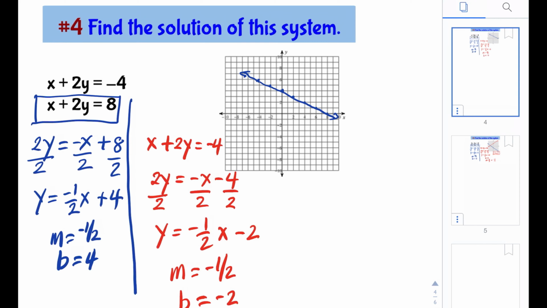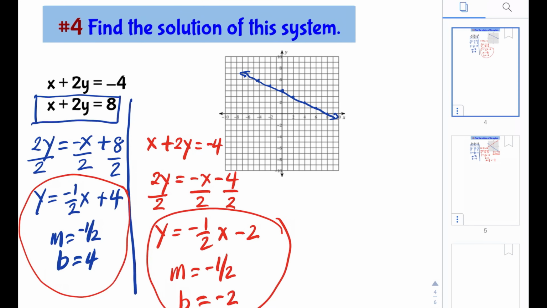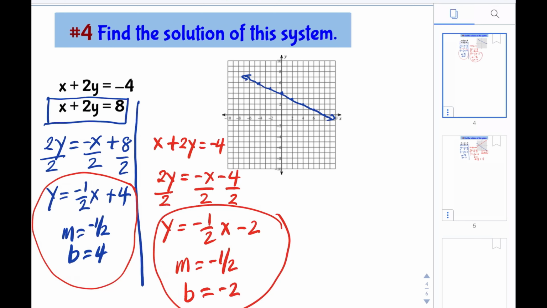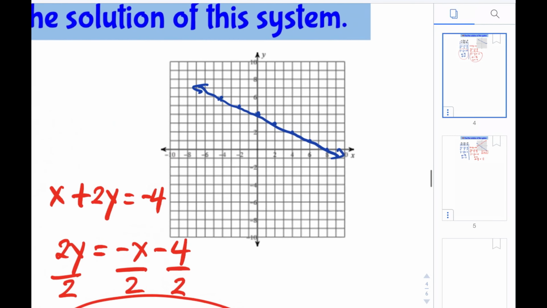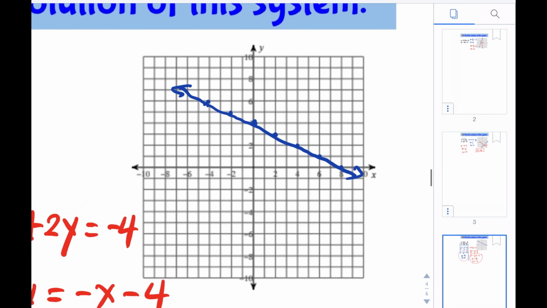If you look at these two equations, the slopes are both negative 1/2 and the y-intercepts are different. So this means we're expecting parallel graphs. Let's verify that. The y-intercept is negative 2 and the slope is negative 1/2, so we go 1 down, 2 to the right, 1 down, 2 right, and so on.